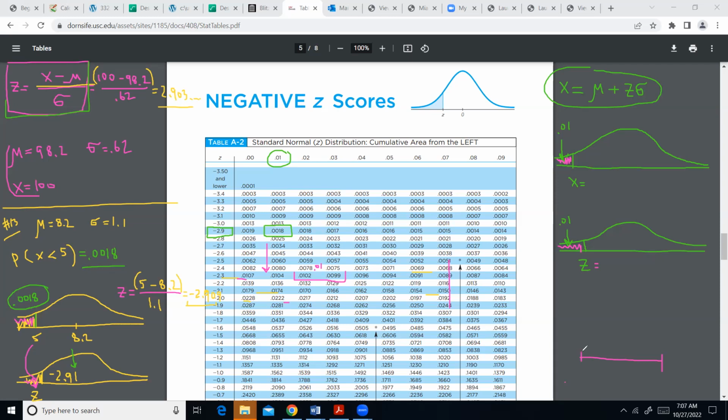Is it going to be 0.102 or 0.99? So it's like 99 or 102. Which one is going to be closer to 100?